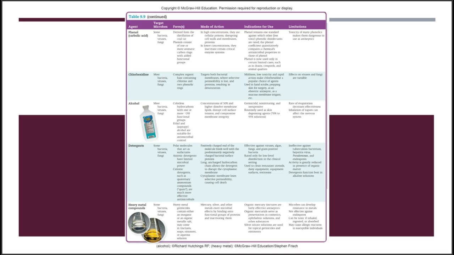So make sure that you review this table and that you become familiar with some of these major groups of chemical agents and their mode of action, their limitations. Okay.